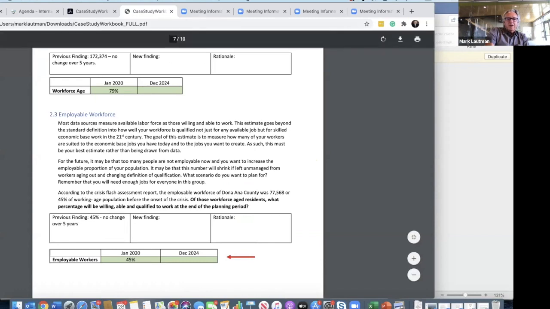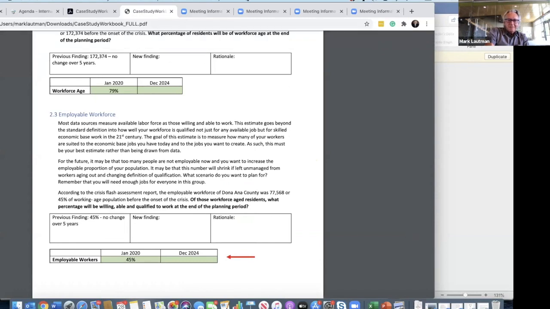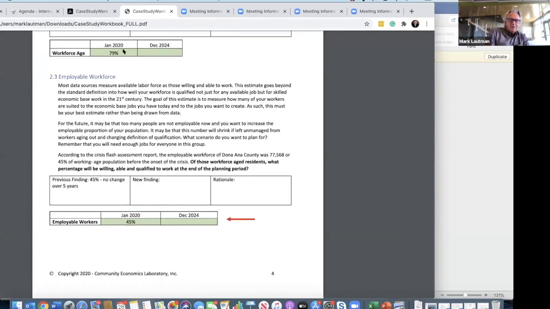Yeah, Charles, are you on? Yes. Can you address that question? 79%? Yeah, workforce age is usually figured 16 to 65. Anybody above 16 and below the age of 65.